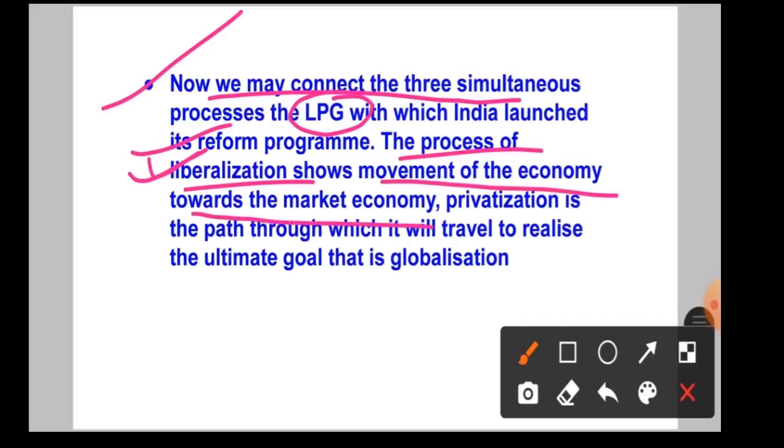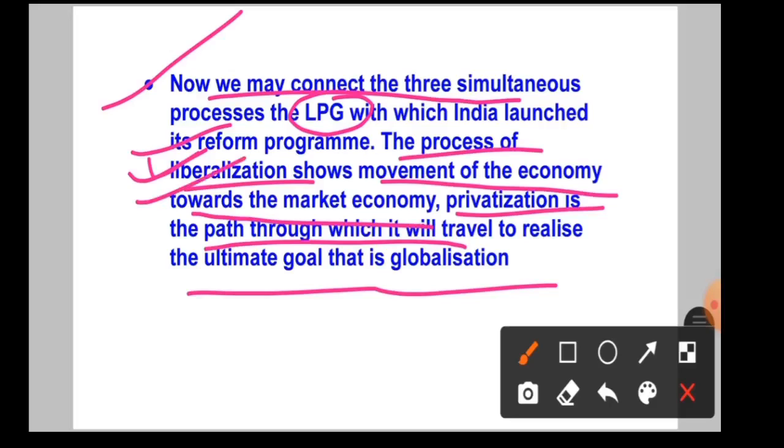Privatization is the path through which it will travel to realize the ultimate goal, that is, to achieve globalization. Very simple: at first liberalization, then privatization, and then it will try to achieve the goal of globalization. That is why globalization came later, after the 1991 reforms.